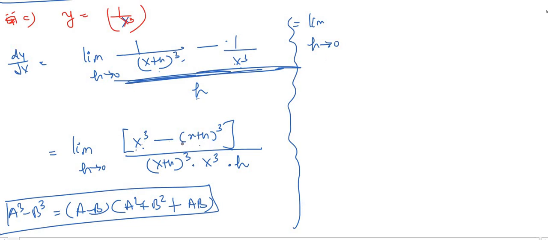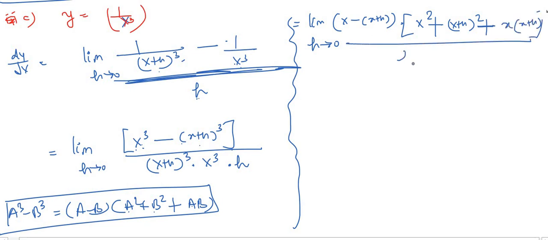So a minus b, so it will be x minus the bracket x plus h, into a square plus b square plus ab. So a square is x square, plus x plus h square, and plus a into b, so x into x plus h, divided by h, correct?